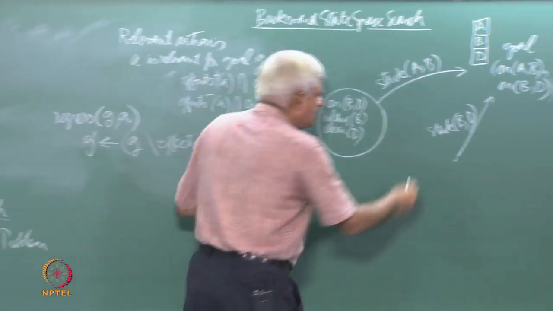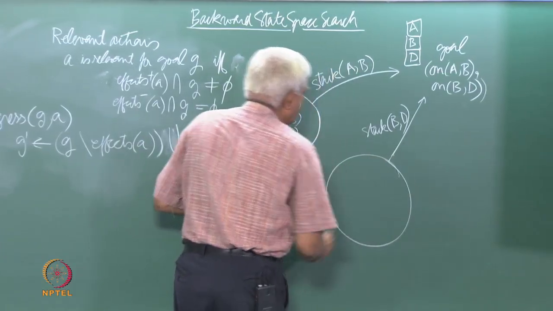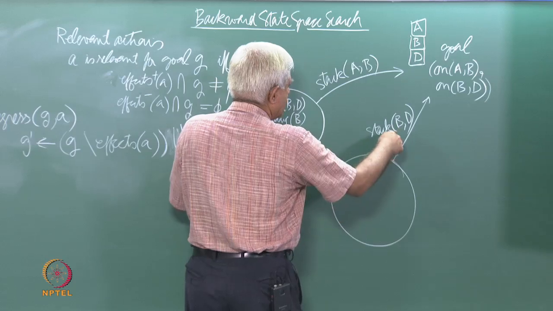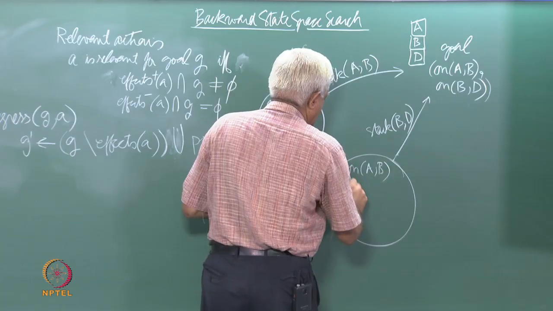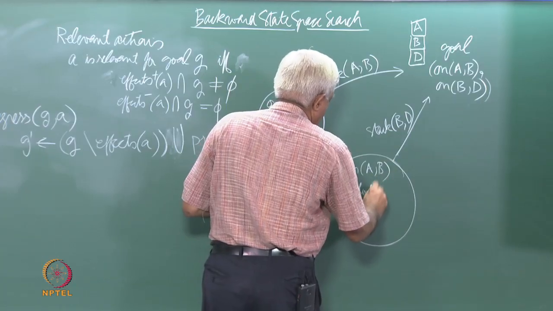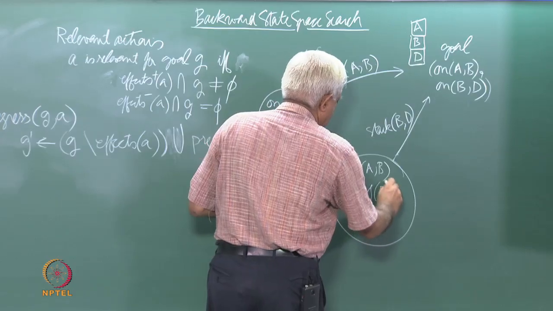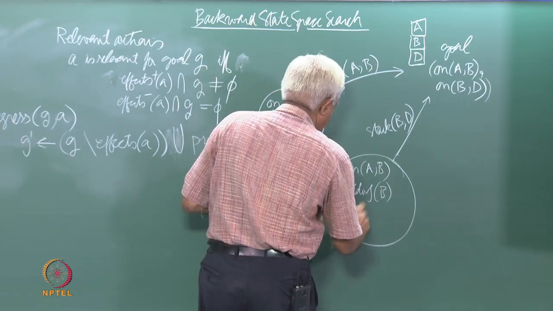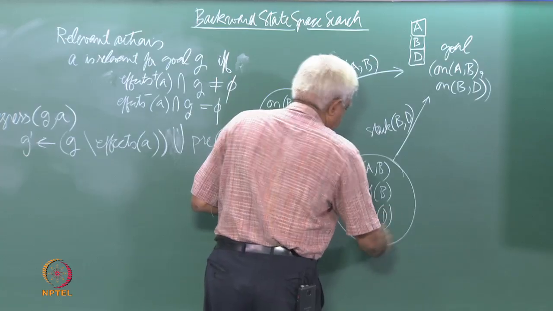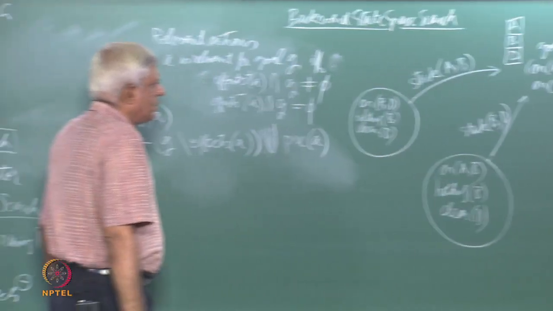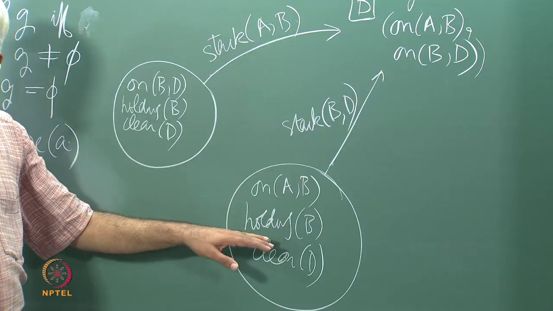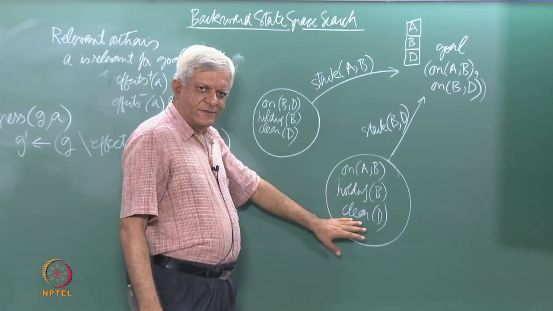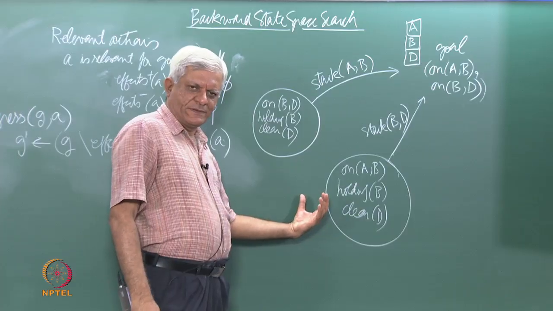In a similar fashion, for this I can regress to on A B is here, holding B, clear D. If I am going to stack B on D, I must be holding B and D must be clear. So, that is why I have added it.